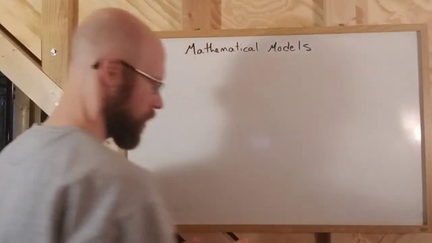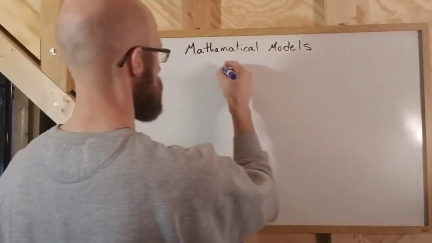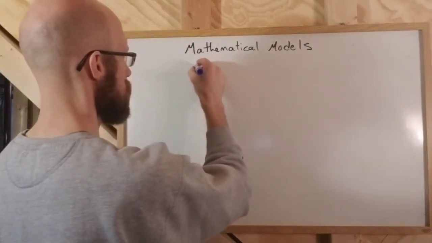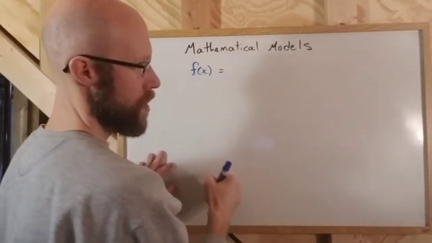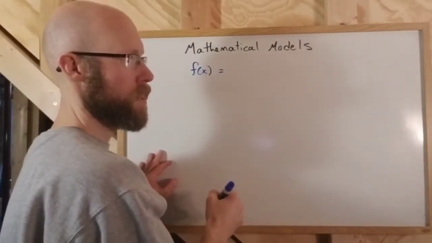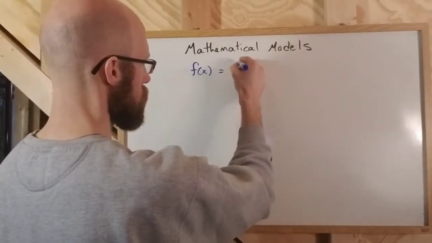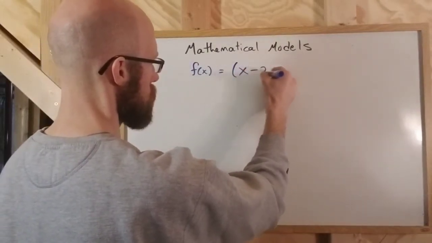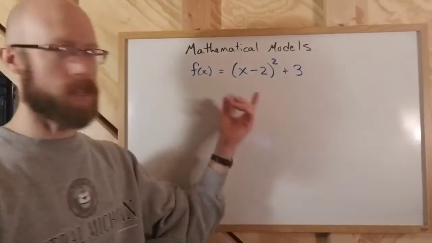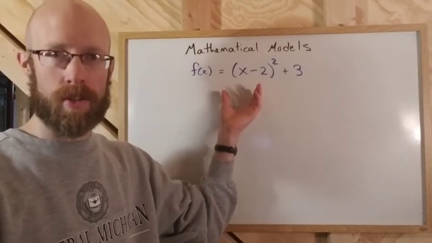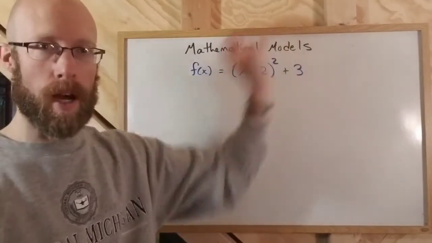So, for instance, if I were to have a function, let's make the function f of x equals, let's do a transformation of something we've seen, like an x squared. So let's do (x minus 2) squared plus 3. Okay, so that's a transformation of the graph x squared, right? That's a parabola, but it's shifted to the right 2 and up 3.